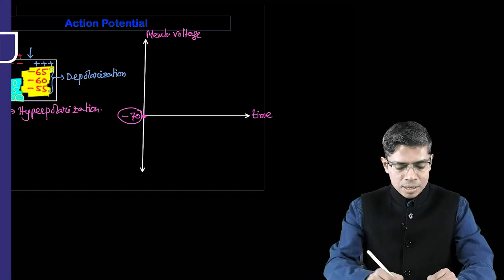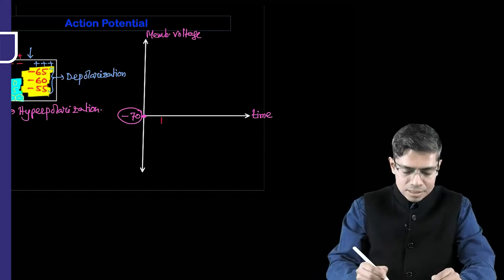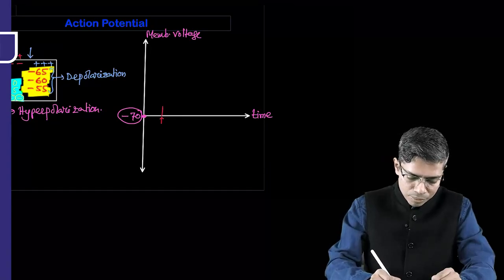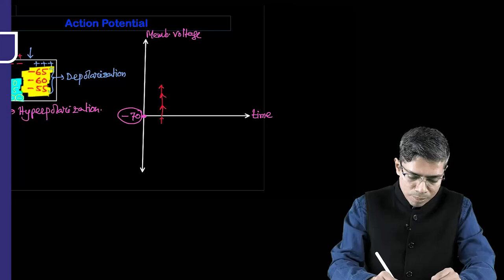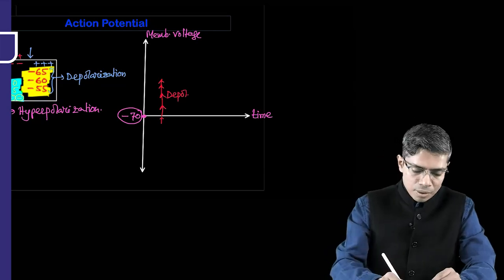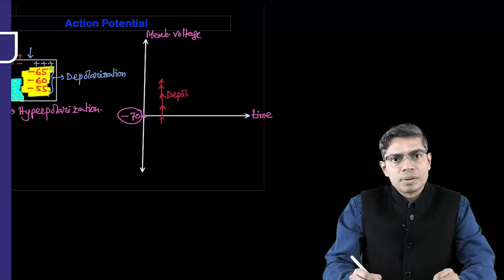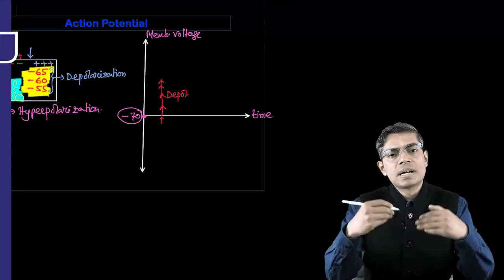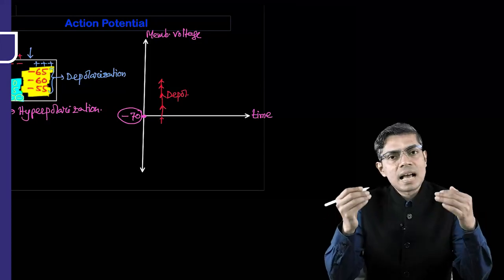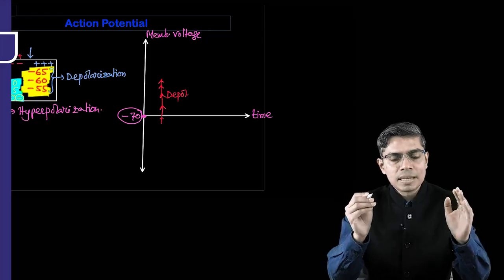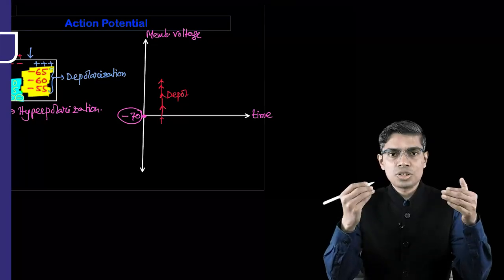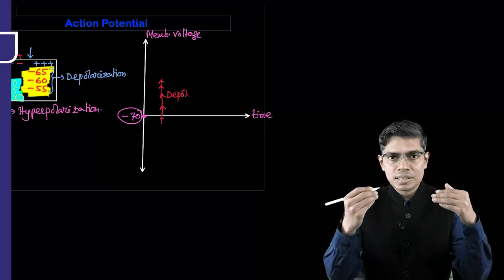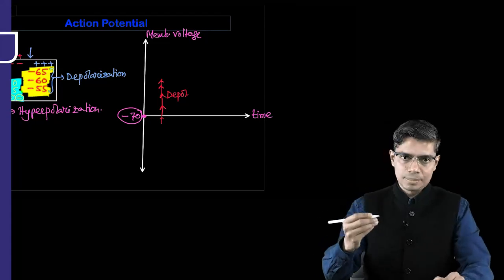Whenever I give a stimulation, suppose I give a stimulation here, the RMP will move more and more towards the positive side. This movement of RMP towards the positive side is known as depolarization. Obviously, if the stimulation is very high, this depolarization can give rise to a propagated potential, and that is known as action potential. We will come to that, but for the time being, remember that if the depolarization is sufficient to cross a threshold, then a propagated action potential will be generated, and that is known as action potential.